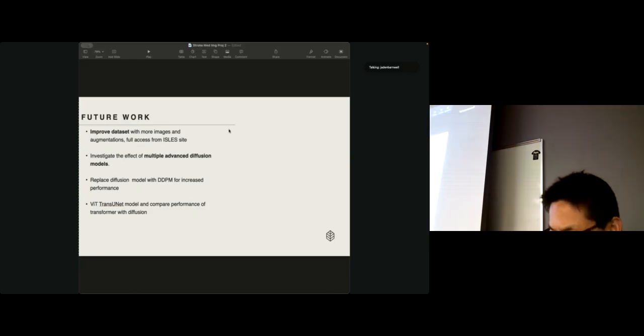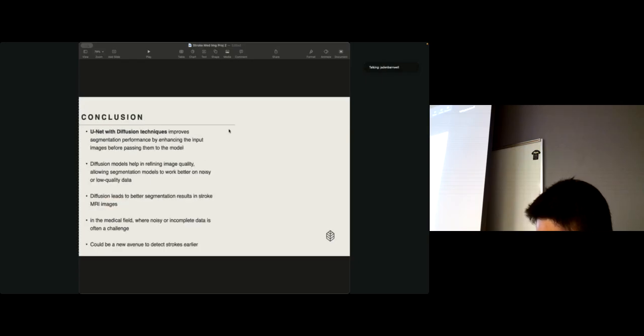And I also want to get a larger data set from the ISLES site, so get the full data set so I have more data to train on as well, and implement a transformer TransUNet model that will basically try and look further to segment better as well, since the MRI images are 3D and they're larger and harder to spot ischemic regions.